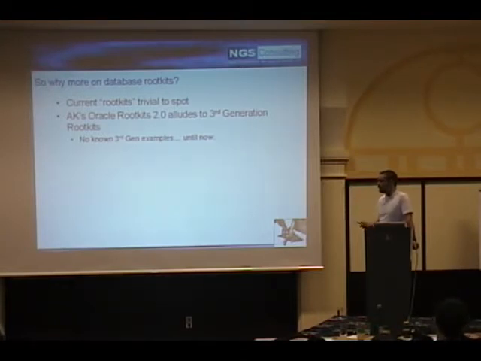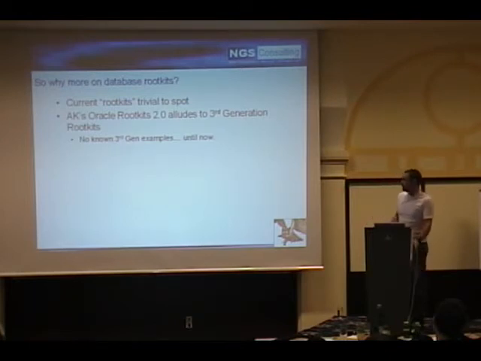What about the next generation of rootkits? In Alexander's talk last year, he alludes to third generation rootkits that modify data and so on to allow access. But his talk didn't really present any. So today I'm going to present a couple of third-generation rootkits that demonstrate what can be done.